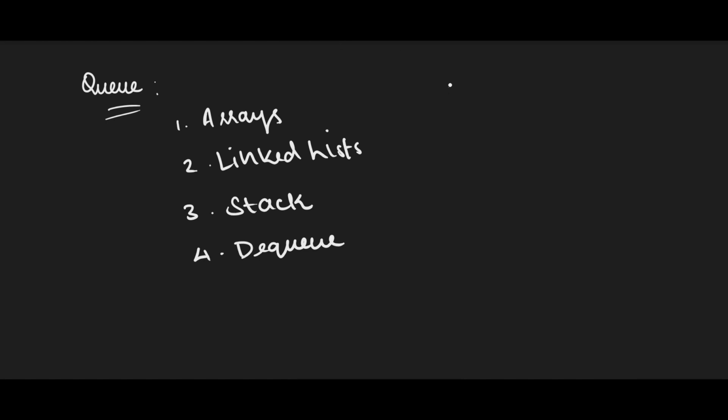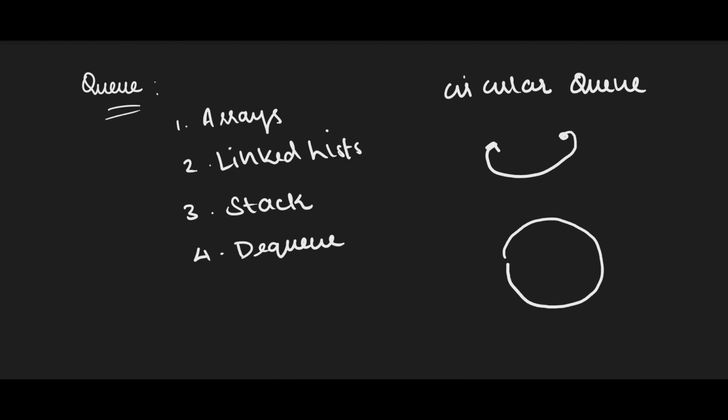There is one more important concept in queue called circular queue. A circular queue is nothing but a queue where the rear, that is the end space, points to the starting space. So basically it is queue but in circular format, where the front and the rear point to the same space. So that is all the basic concepts of queue.